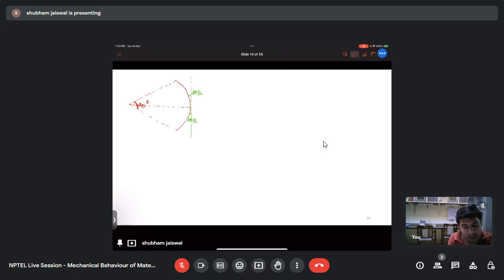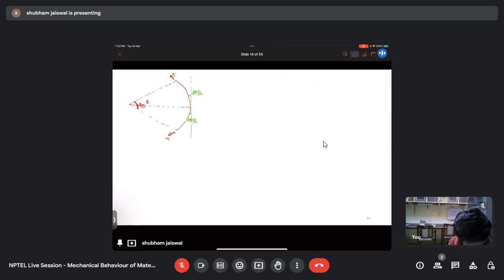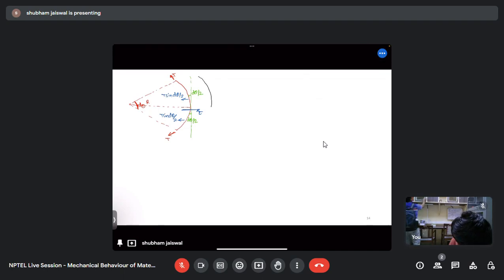This will produce some tension, let's say this is T. If we resolve it, we get the tension here as T sine d theta by 2, and here also T sine d theta by 2. Let's say here we have applied some shear stress tau, and this whole length is dl.